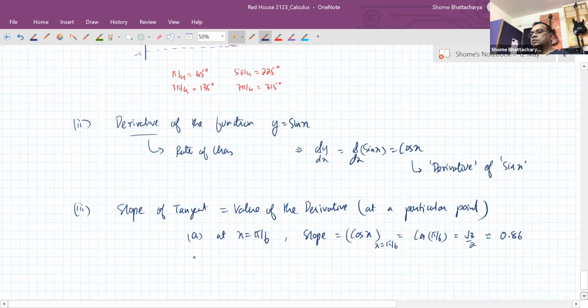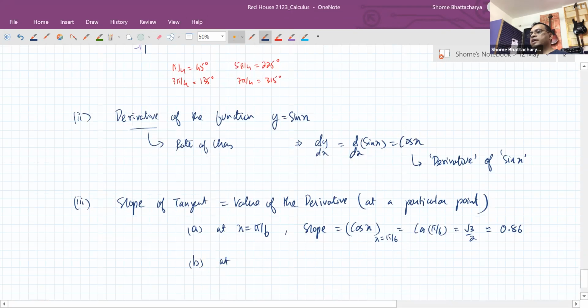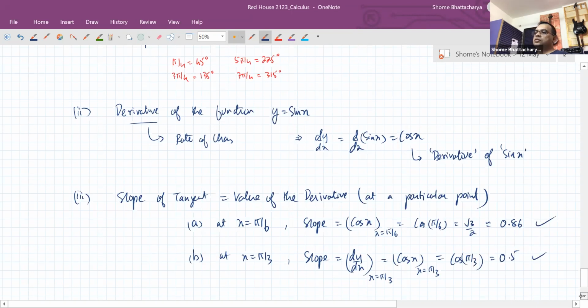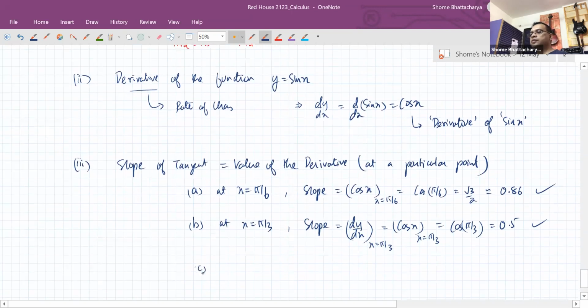Similarly, at x equal to pi by 3, the slope is the value of the derivative. That is cos x at x equal to pi by 3, which is cos pi by 3, which is 0.5. So like this, we'll calculate each of them.